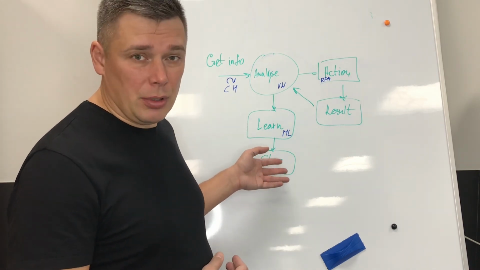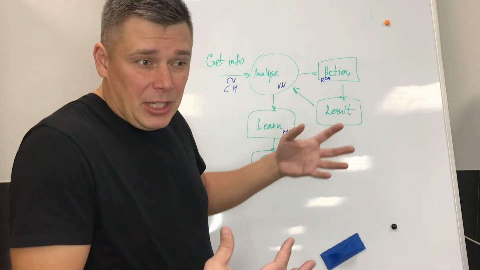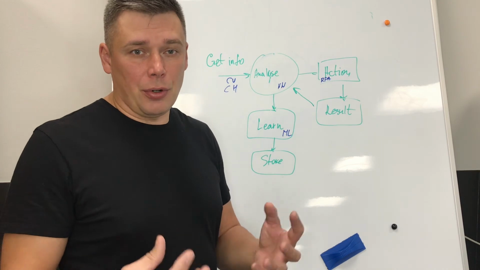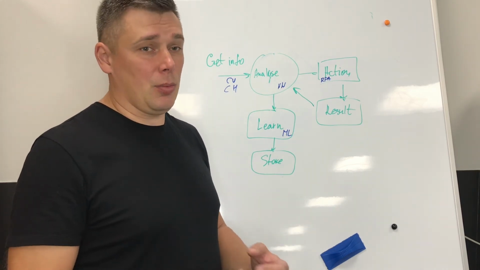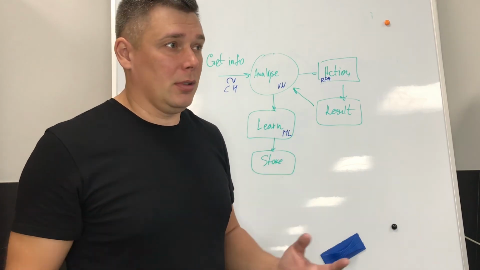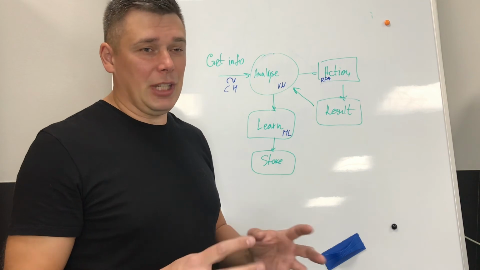Of course, you have to store everything. You have to perform some actions. After actions, you have to analyze the result. And results are also a source for analysis. This is why let's call this a closed system which can learn by itself, an all-the-time learning system.